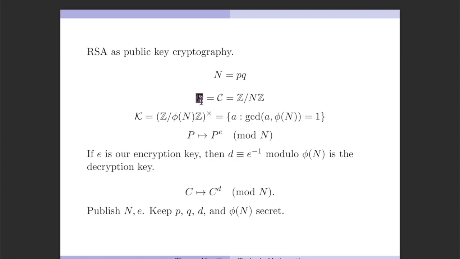The plain text messages that I'll be encrypting in this system are just the residues mod n. So I have some way of turning the information that I want into an integer. There's lots of ways to do that, and I'm not concerned which way you are giving meaning to those integers.